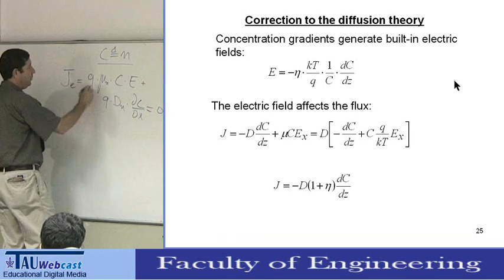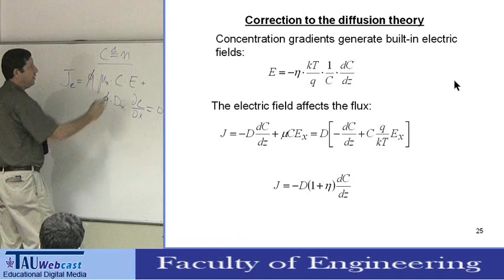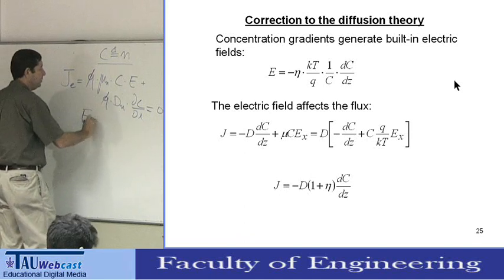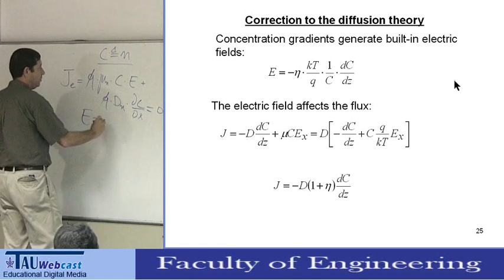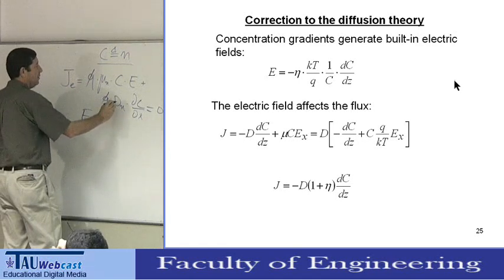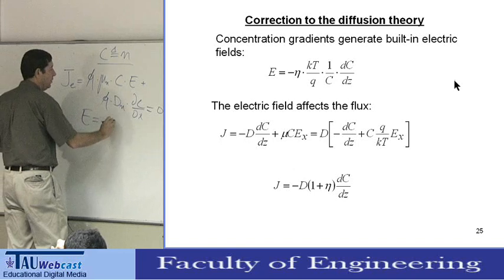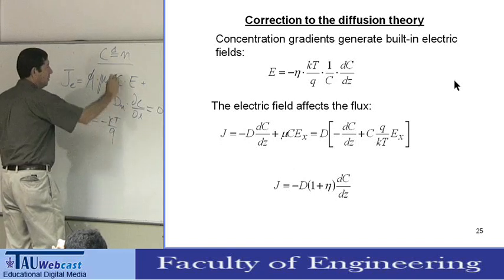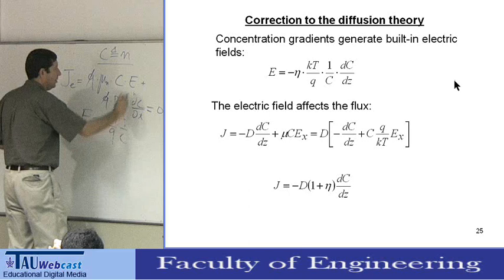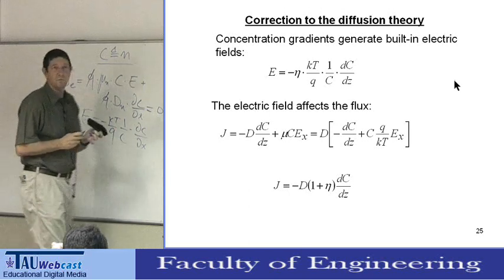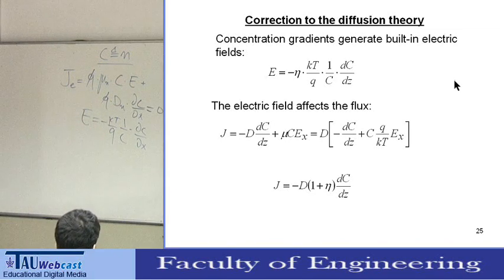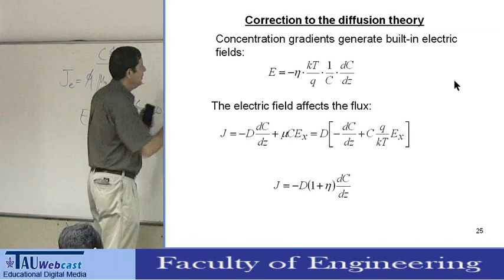So if you divide by D, you can calculate E, the electric field. And the electric field is equal to D over mu, which is KT over Q, 1 over C times dC over dx. Now, this electric field is in this direction.